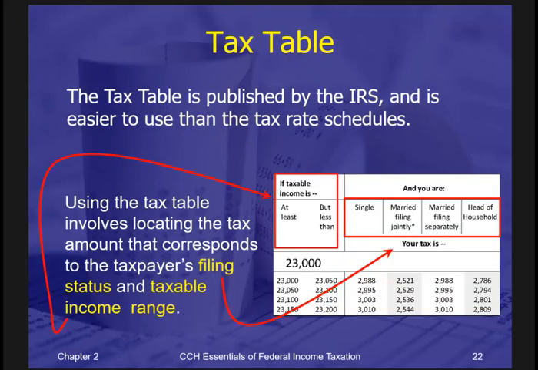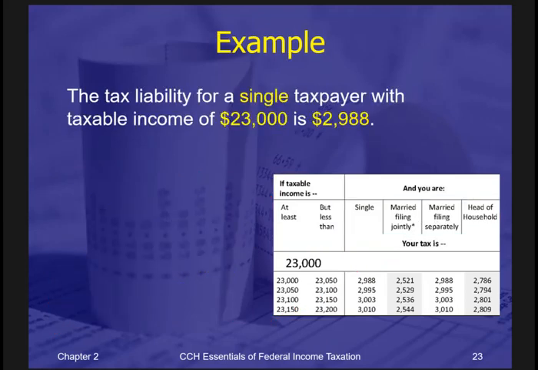Tax table is a lot easier to use, doesn't take as many steps. For those under $100,000 of taxable income, it has to be used. All you need to know is their income and the filing status. Remember that married filing jointly is the same as qualifying widower.